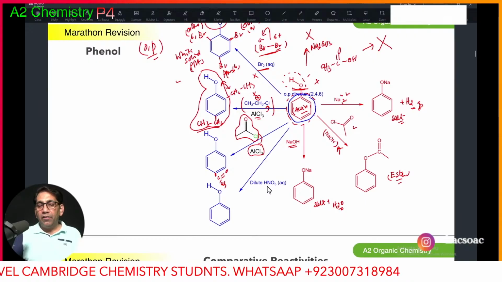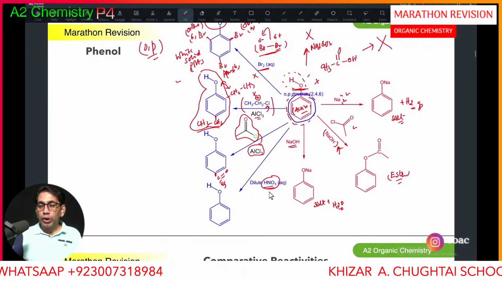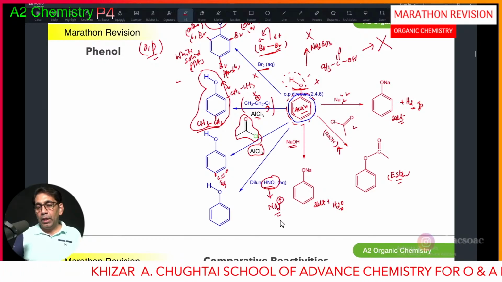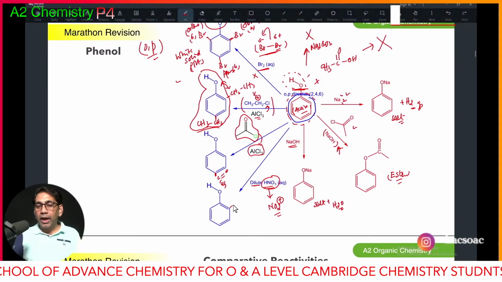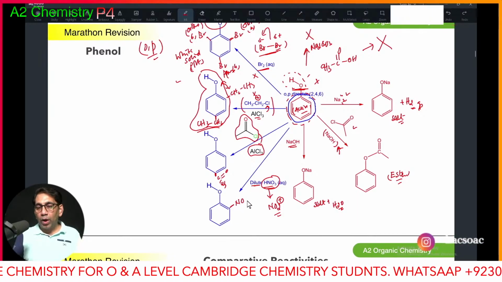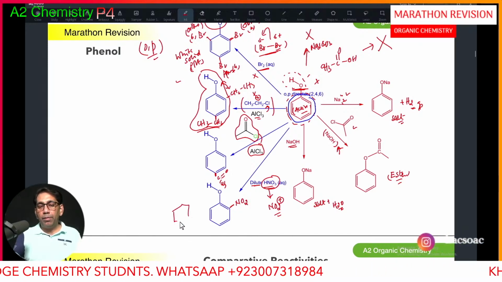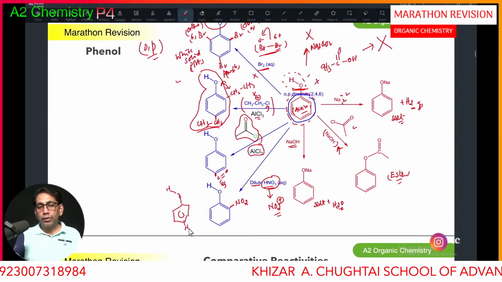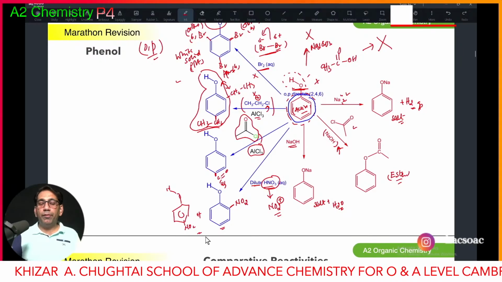The last one, if I'm going to add dilute nitric acid, then you know HNO3 is the major source of NO2 positive ion. So in case of dilute nitric acid, only one nitro group is introduced on one phenol. It may be over here or it may be over here. Only one nitro group is introduced. Both isomers will be formed.